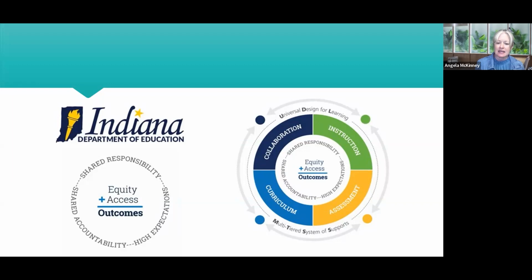So it is, even though there's no money attached to providing or using MTSS as a framework, it really is about how to organize things, and it's expected from the state perspective of just the things that we do. When Indiana developed its ESSA plan, it had some specific guiding principles that they used.